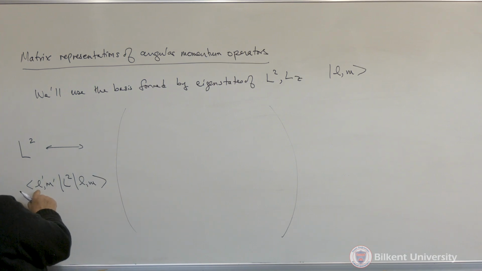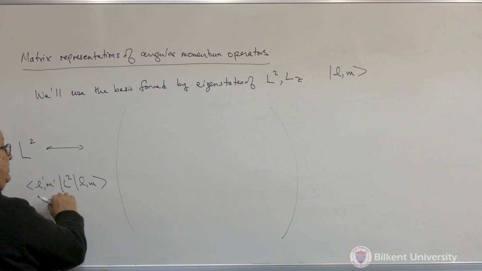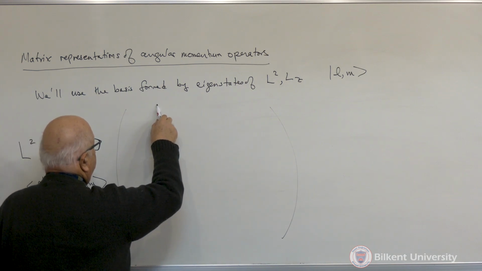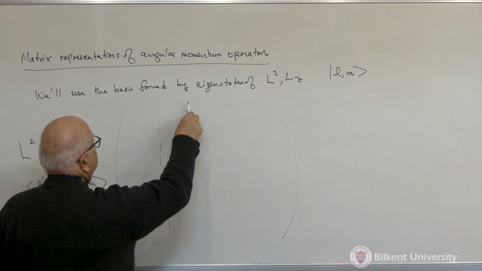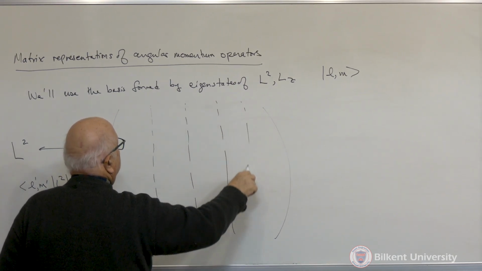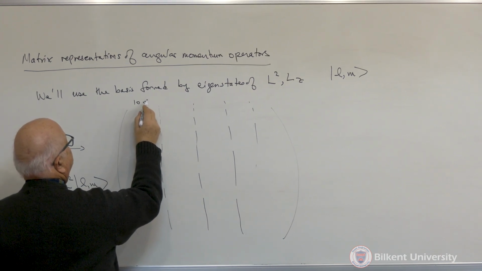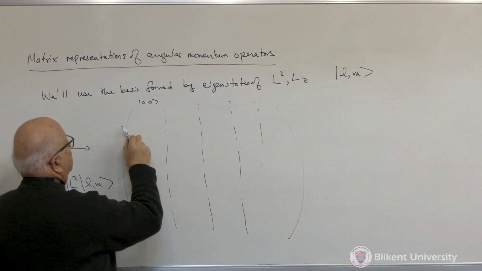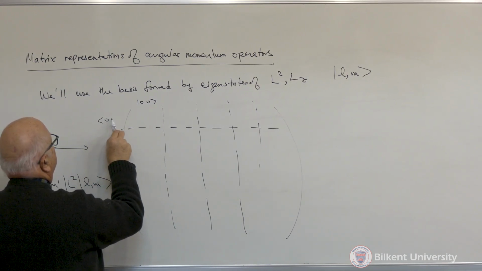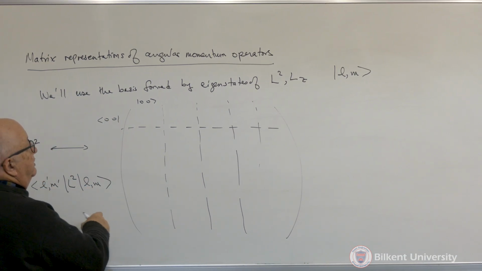This is the l prime m prime, l m matrix element of L squared. On the right-hand side I have lm. The simplest one that I can put is 0, 0, and on the left-hand side 0, 0 again.